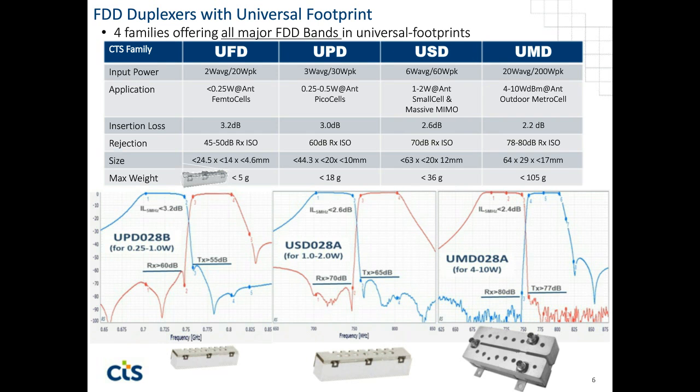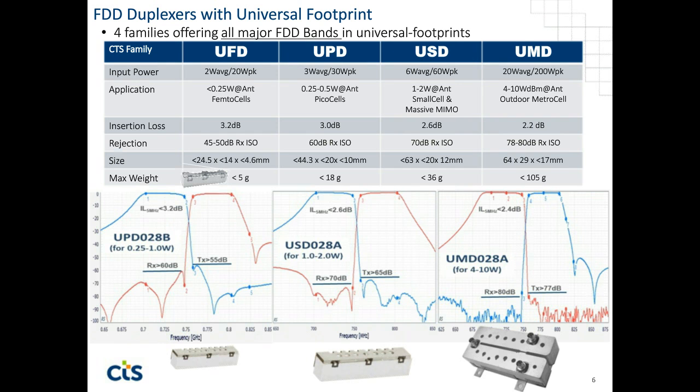We have one general footprint for most of the low bands and a different one for most of the higher bands, that is below 1 gig and above 1.7 gig. But in general, that's a suitable compromise for getting a complete solution across all the major bands in such a small form factor at a very low cost.